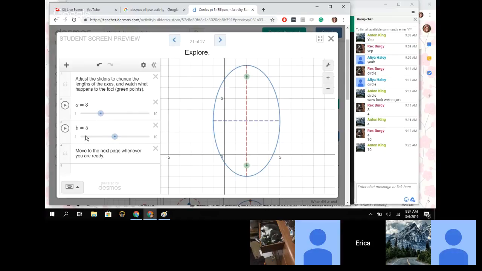Now this is a vertical ellipse, and my major axis is going this way. It's vertical, it's no longer horizontal, right? So basically whatever vertex is bigger gets to be the major vertex, and whatever is smaller gets to be the co-vertex.